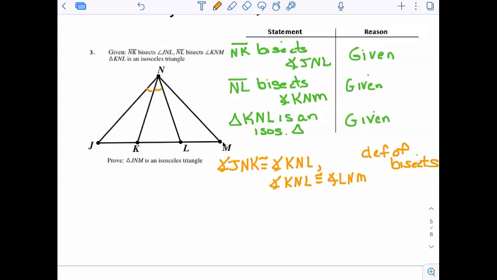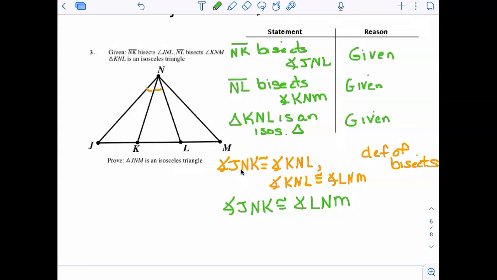Okay, now notice how this angle here is included in both of these statements. So therefore, if we know that JNK is congruent to KNL, but KNL is also congruent to angle LNM, therefore the angle JNK must be congruent to angle LNM.